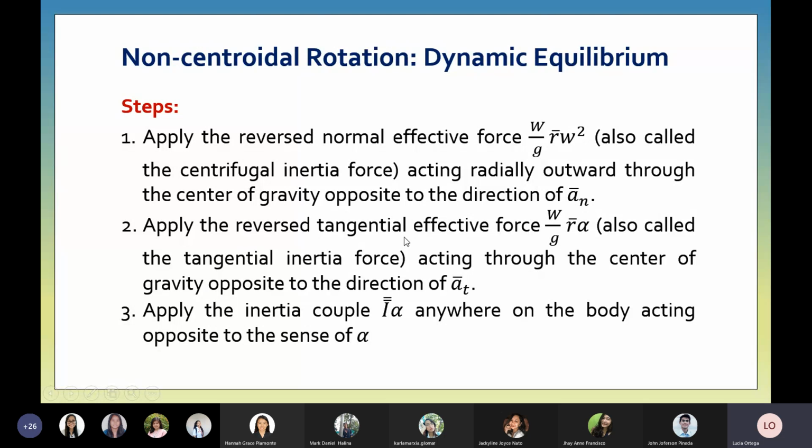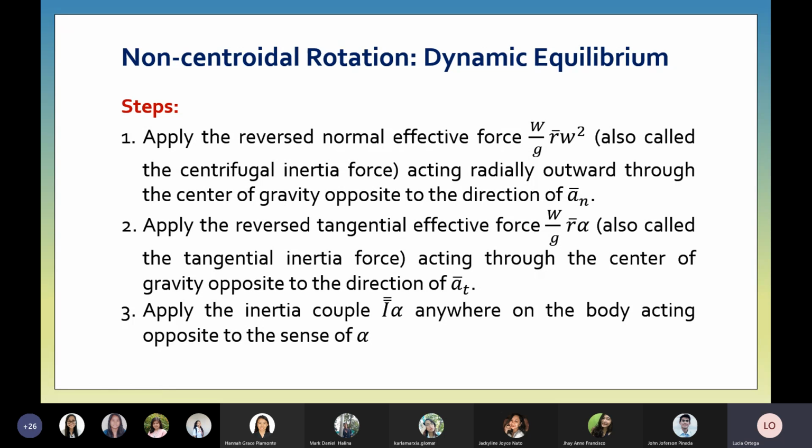Apply the reverse tangential effective force, also called the tangential inertia force, acting through the center of gravity, opposite to the direction of tangential acceleration.